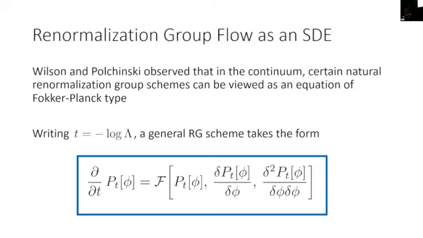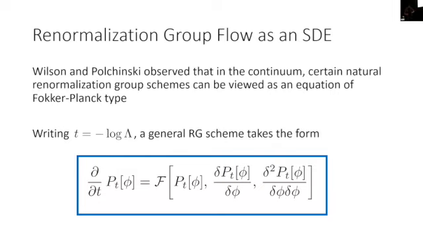Now you might know that Wilson and Polchinski, back when this stuff was getting off the ground, noticed that some natural RG schemes can be put into the form of an equation of Fokker-Planck type. Specifically, the one they focused on was soft cutoff Wilsonian RG. In Wilsonian RG, usually you integrate all the high frequency modes sharply, but instead you can integrate them a little more slowly.